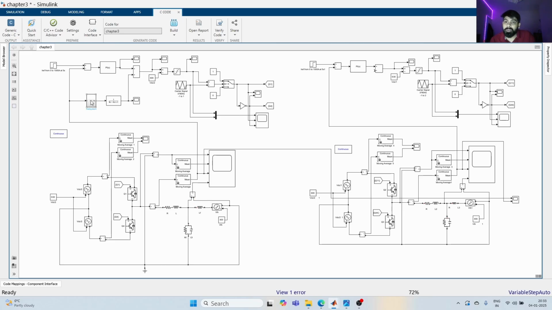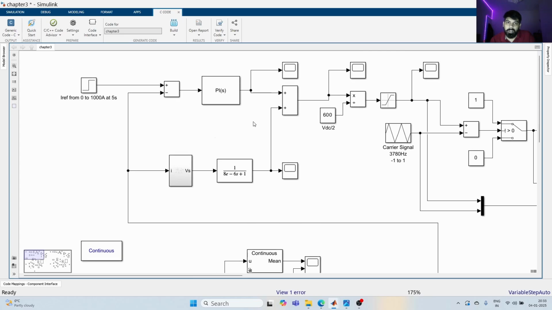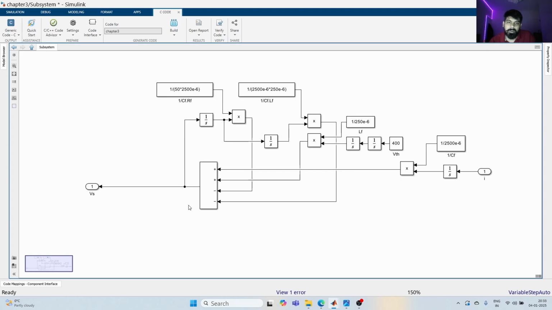Now to enhance that, we can just directly add to the VS. Let's see what happens if we add to the VS.